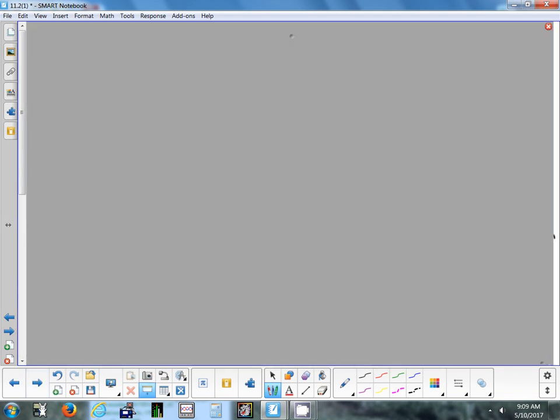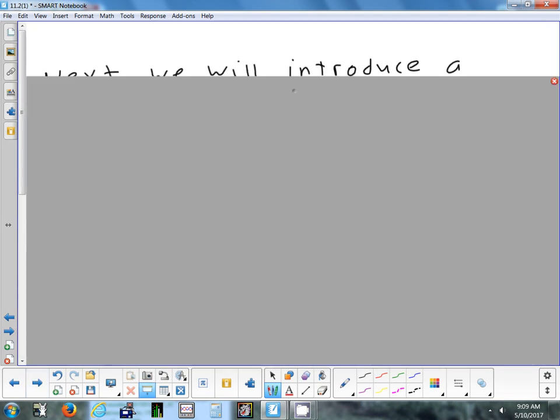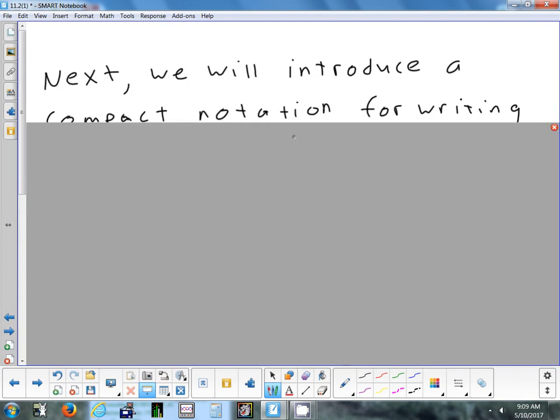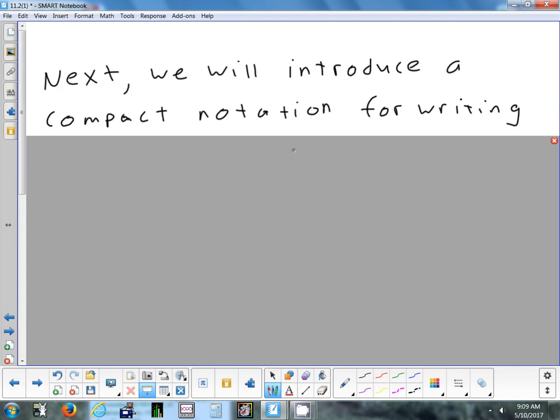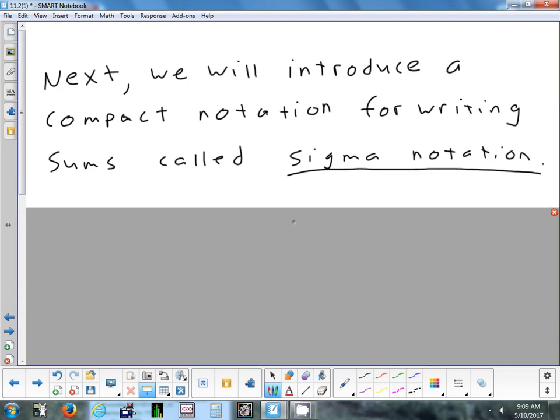So first thing we want to come up with is a nicer way to write this stuff down. We want to have a shorter way, a more compact way to write stuff. Now, this notation I'm about to show you, calculation-wise, doesn't speed anything up. It's just a shorter way to express on paper something plus something plus something plus something, a bunch of additions without having to write it all down.